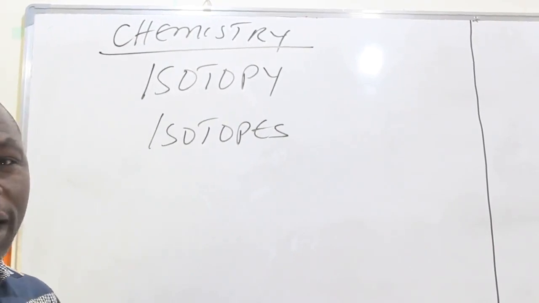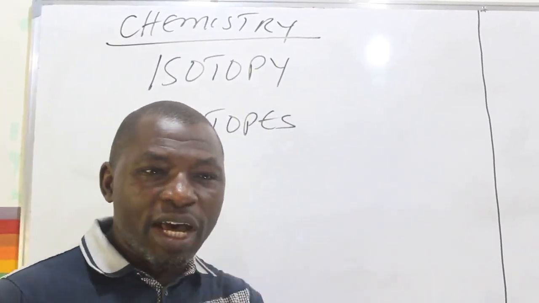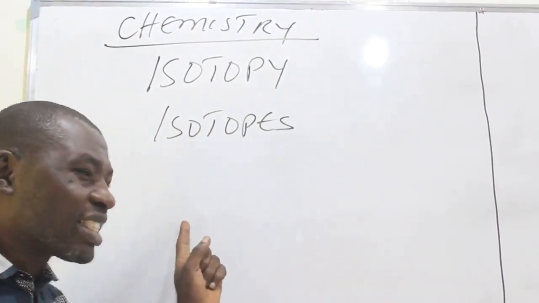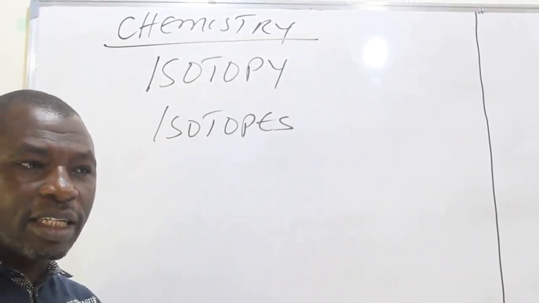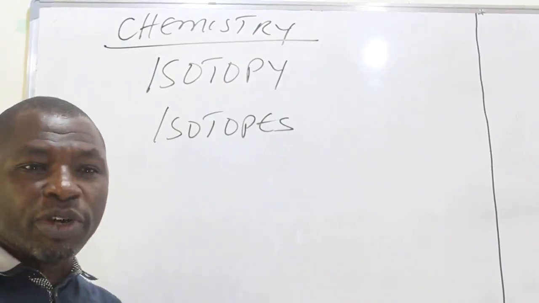From marking of external exams, I've seen that students make a particular mistake in their definition of isotopes. They define isotopes as elements having the same atomic number, and that is very wrong because no two elements can have the same atomic number.